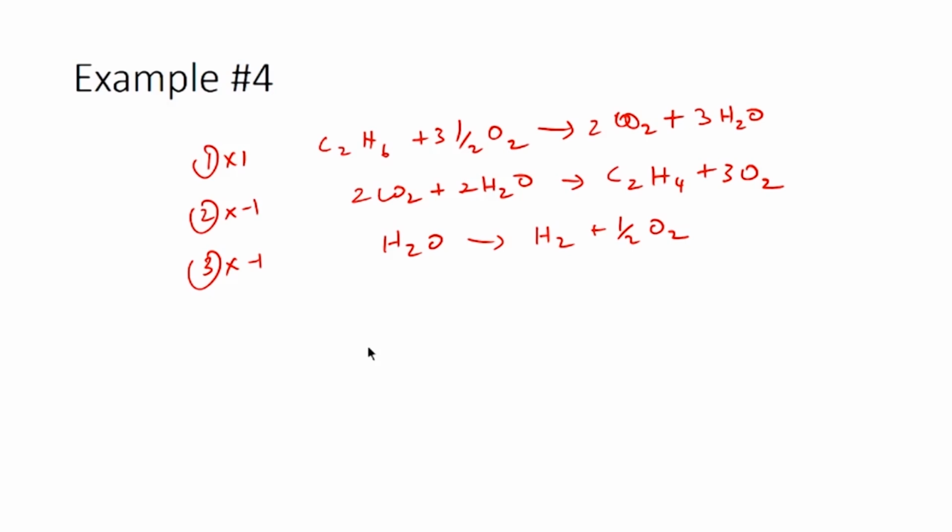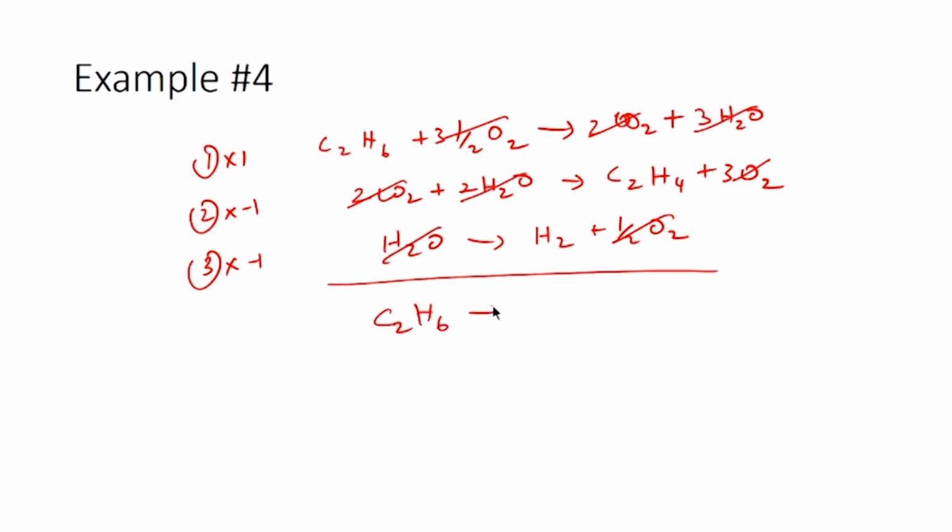Now, when we add these equations, the 3.5 oxygen on the reactant side will get cancelled with the 3.5 oxygens on the product side, carbon dioxide gets cancelled, water gets cancelled, leaving out C2H6 gives C2H4 plus H2.